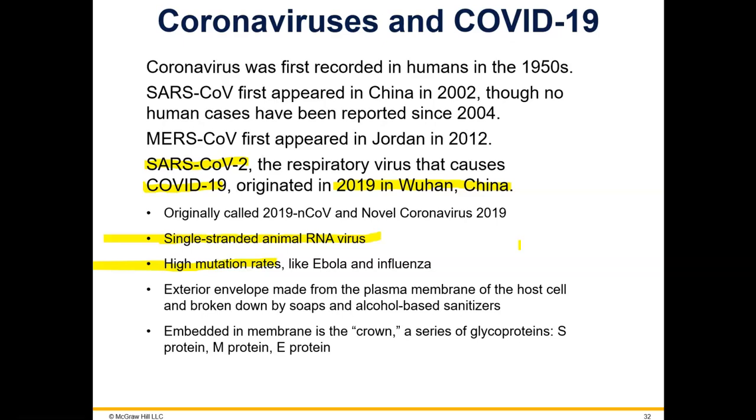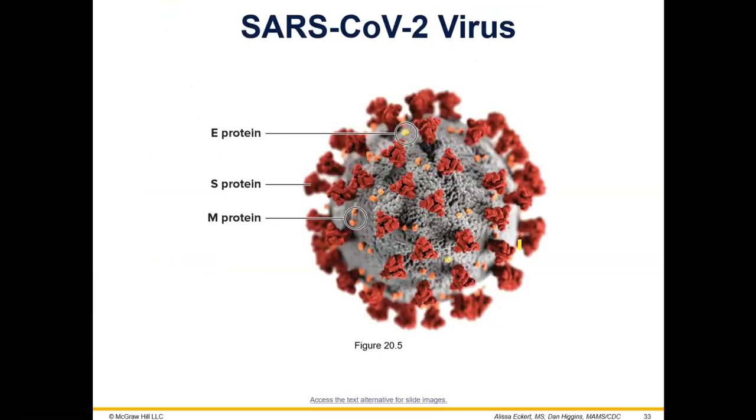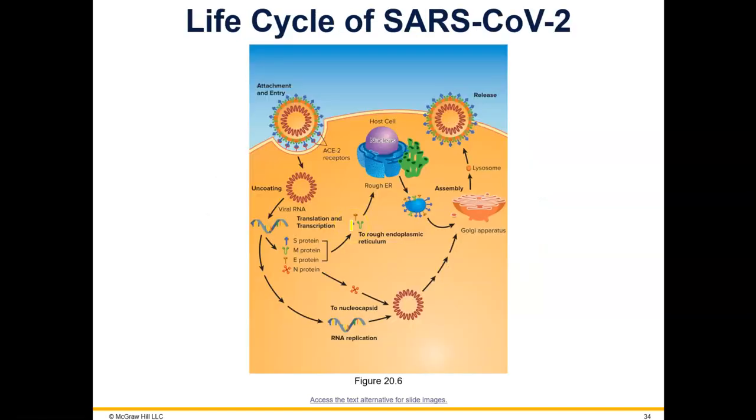The glycoproteins that are in the membrane are S, M, and E. So this is an electron micrograph image of SARS-CoV-2. And it's got the E protein, the S, and then the M. And then it shows you the life cycle.